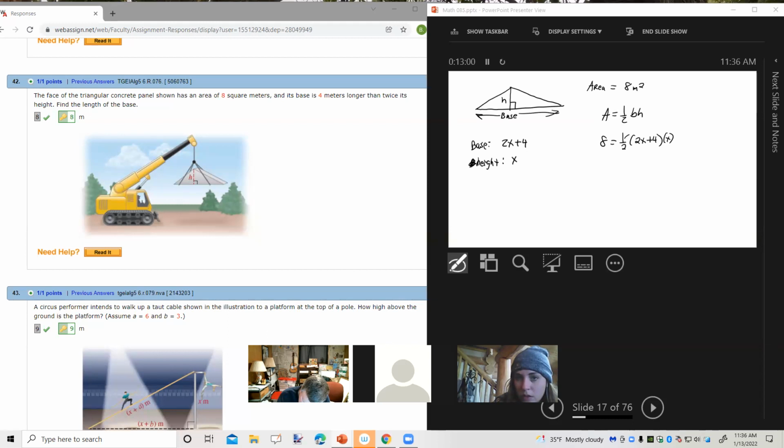But I'm seeing that if I just distribute the half, because the coefficients of the numbers inside are even, it's going to reduce out anyway. So let me explain. This is going to be 1/2 times 2x plus 1/2 times 4, all of that times x. So 1/2 times 2x is x. 1/2 times 4 is 2. Okay. You all right so far?